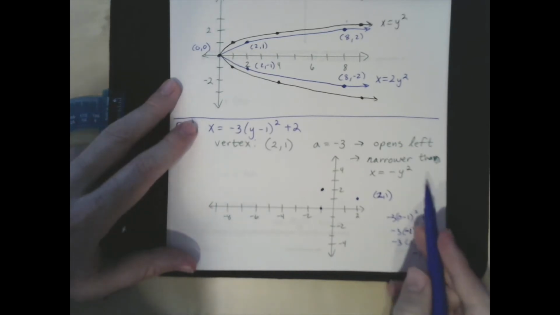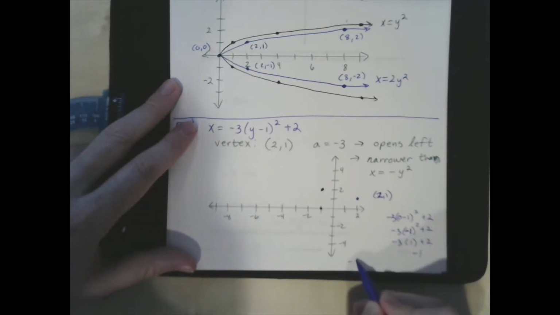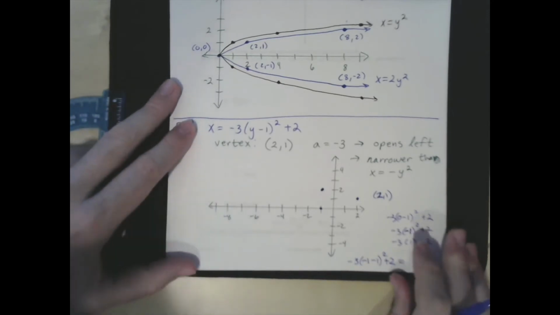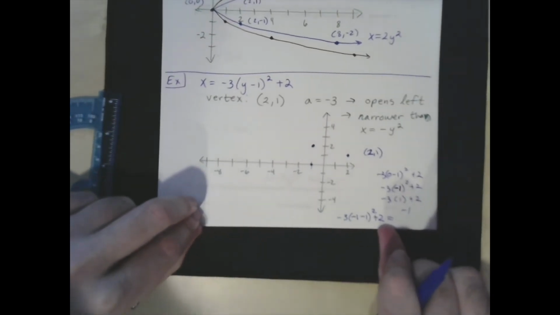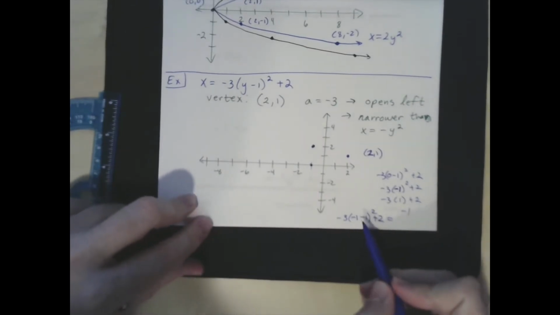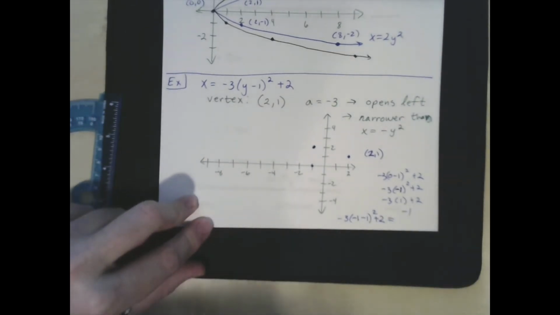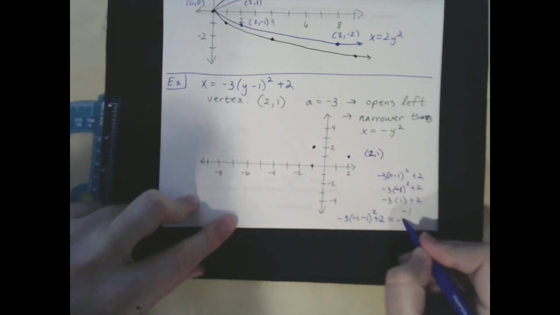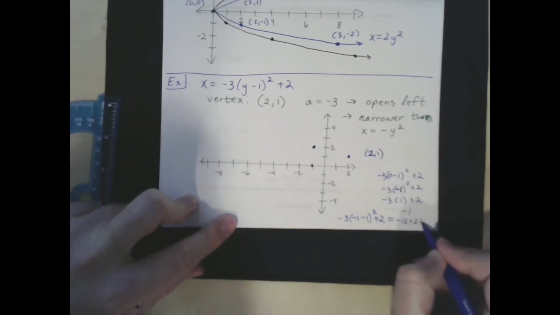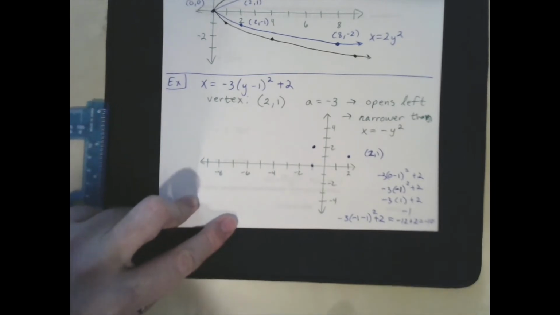So if we plug in y equals negative 1, we have negative 3 times negative 1 minus 1 squared plus 2. And that's going to be negative 1 minus 1 is negative 2. So negative 2 squared is just 2 squared, or 4. So this is negative 12 plus 2, which is negative 10.